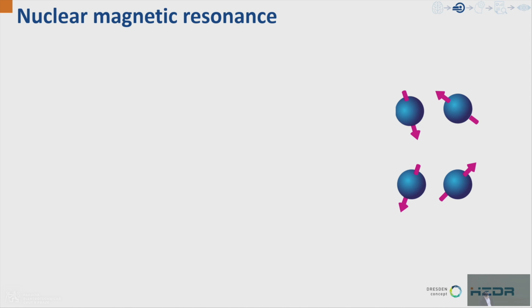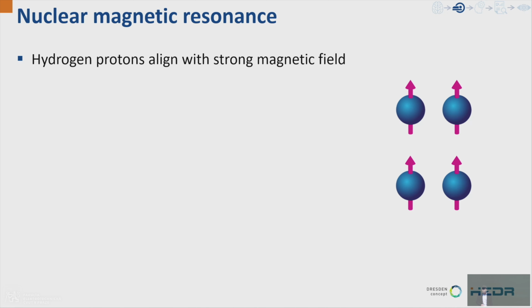To explain how ASL works, I will very quickly say some basic details about nuclear magnetic resonance that is used for measuring ASL. In nuclear magnetic resonance, we use the property of the nucleon called spin. In MRI, we focus almost exclusively on hydrogen protons.